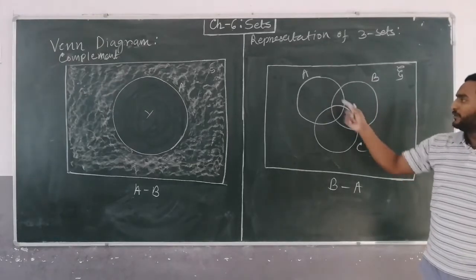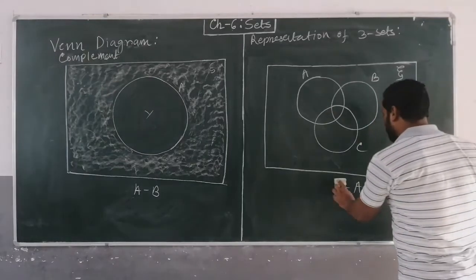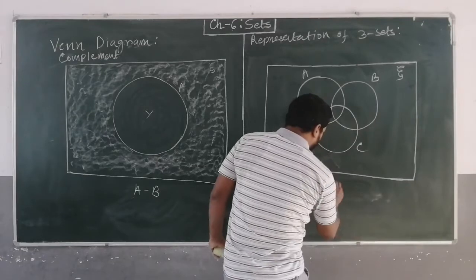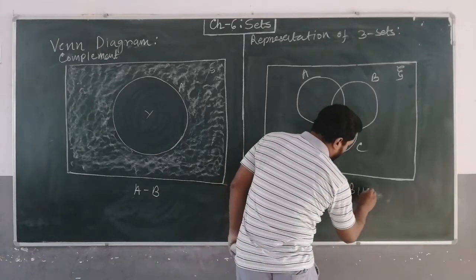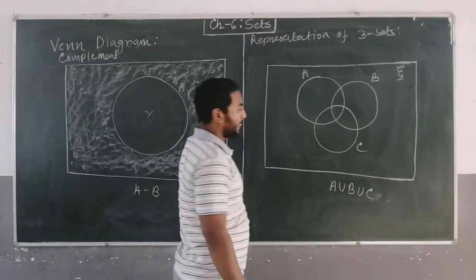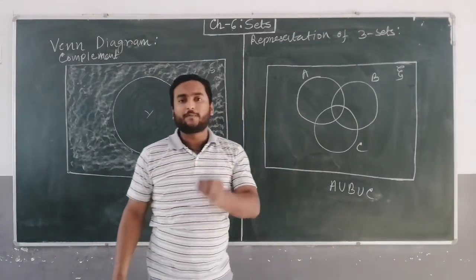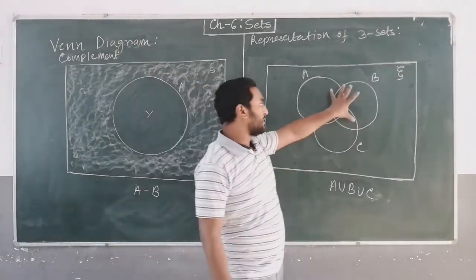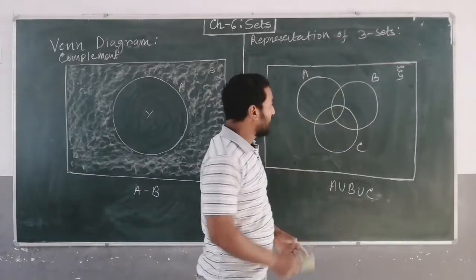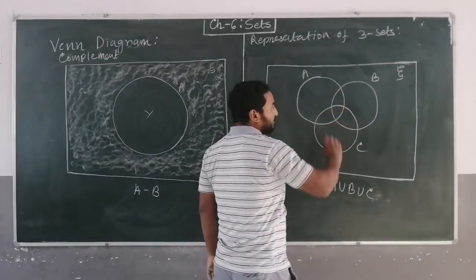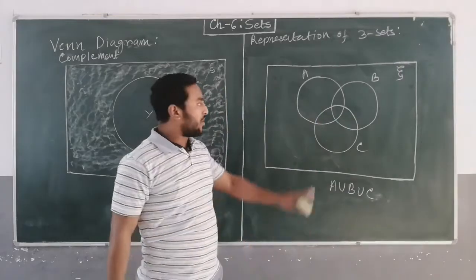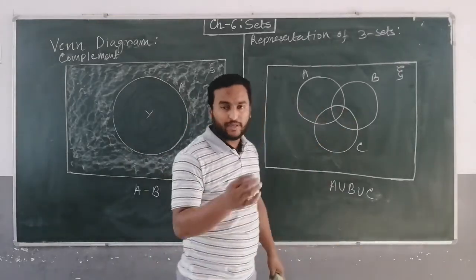Now if you want to represent A union B union C, it means all the elements of A, B, C we have to include in this union. It means the area bounded by all these three sets will be shaded.